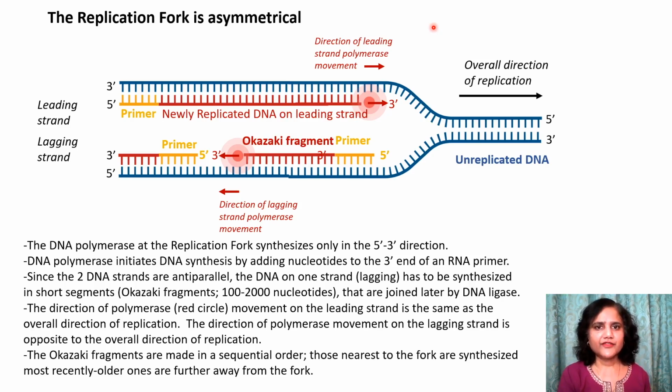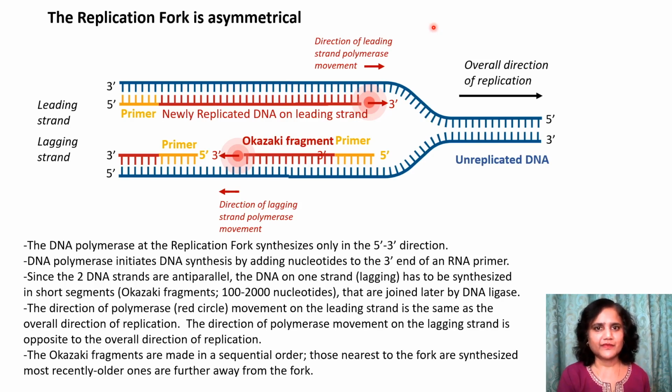And DNA fragments that were about 1000 to 2000 nucleotides long were formed transiently. And these were made in the 5' to 3' direction, and they were joined after synthesis and later on incorporated into longer DNA chains. So these short fragments were referred to as Okazaki fragments.